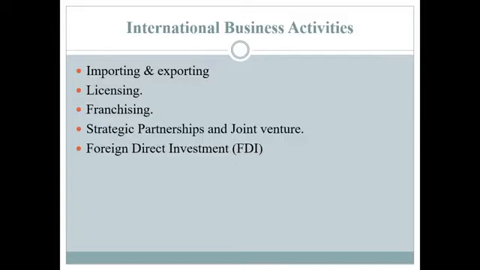Whenever we consider franchising, the franchisor and the franchisee are the two parties related to the activity.